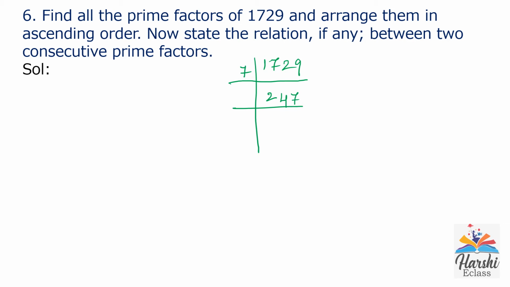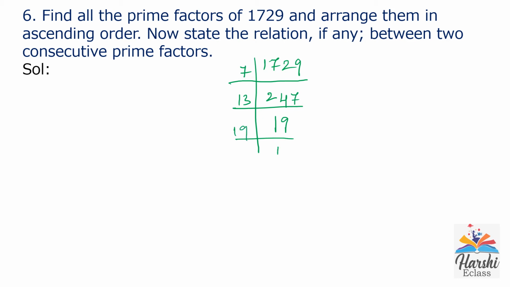Then 247 is divisible by 13. 13 ones are 13. 13 nines are 117. 19 is a prime number.